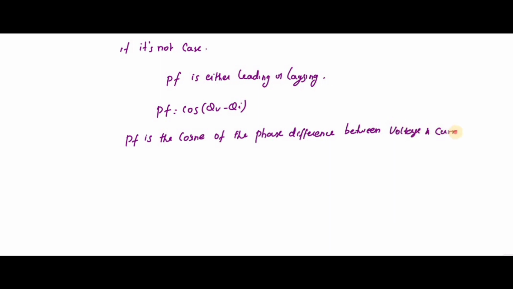There is a phase difference between voltage and current. It is also the cosine of the angle of the load impedance.